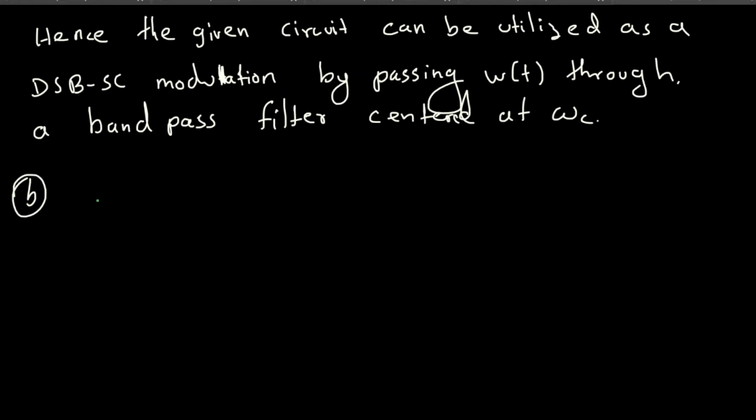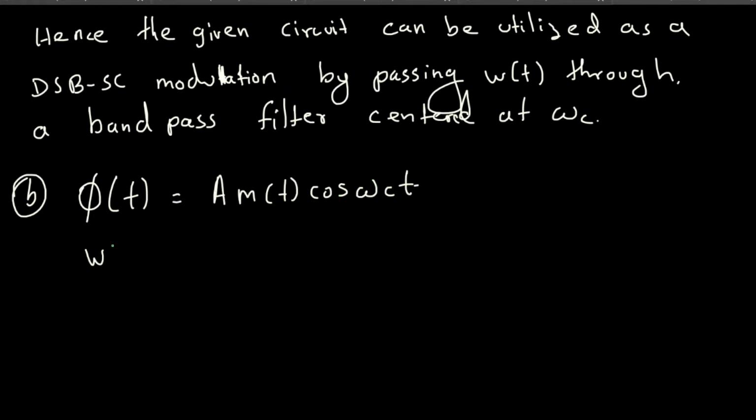So here they mentioned that we are going to have phi of t equal to m of t cos omega c t, and also that A is much greater than m of t.